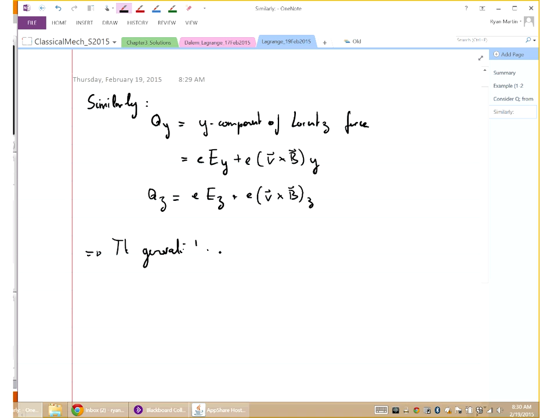So the generalized potential given by V equals e phi minus e times the dot product of A and v, the velocity, gives the correct expression for the Lorentz force.